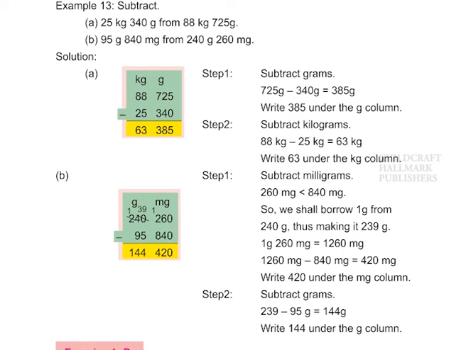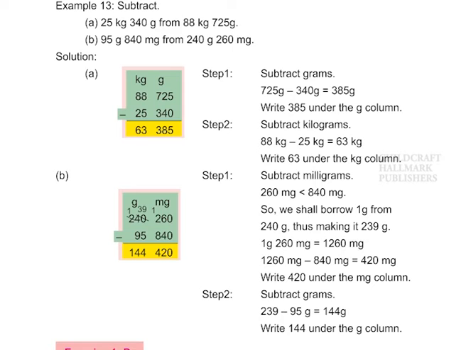Subtract grams. 725 grams minus 340 grams is equal to 385 grams. Write 385 under the gram column. Step 2. Subtract kilograms. 88 kilograms minus 25 kilograms is equal to 63 kilograms. Write 63 under the kilogram column.